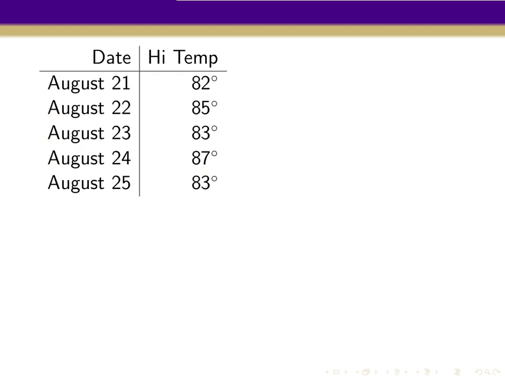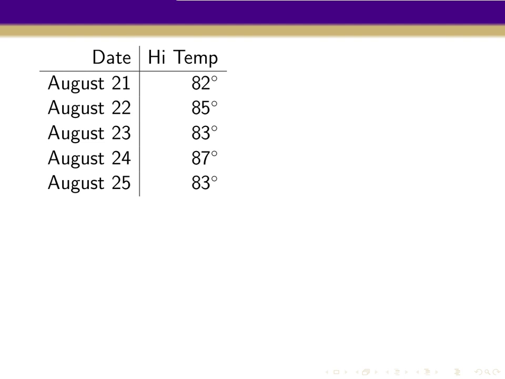So here's an example of some data. This is just some dates and some high temperatures that we had on those dates. Can we think about this table as representing a function? The answer is yes, because for each date, there is only one high temperature connected to that date.